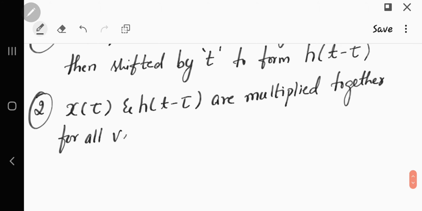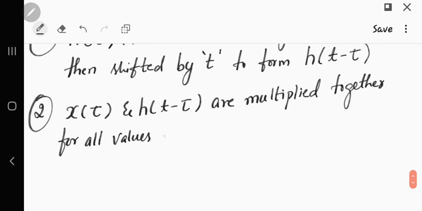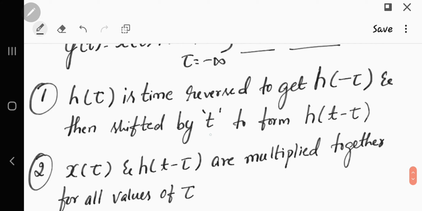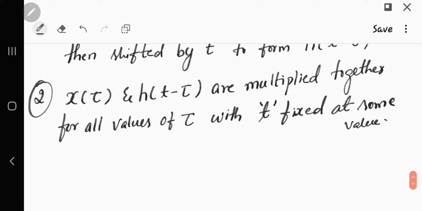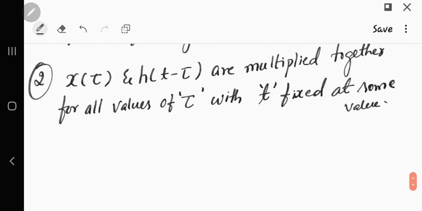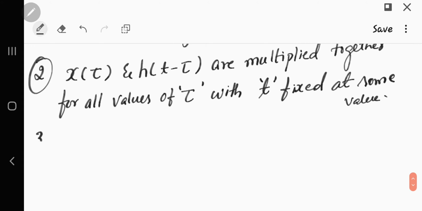For all values of tau, with t fixed at some value. So, we multiply x of tau and h of t minus tau for all the values of tau with t fixed at some value. Okay, you will understand this while solving the problem.